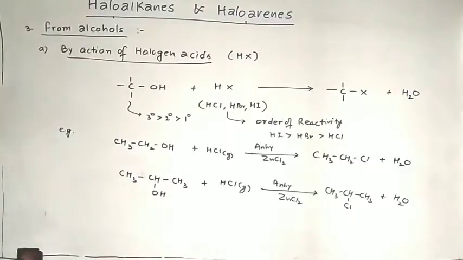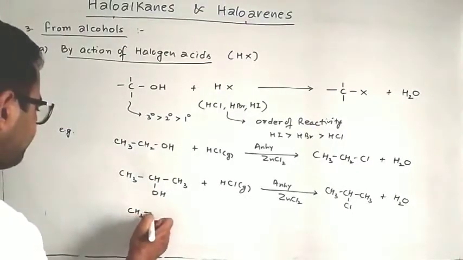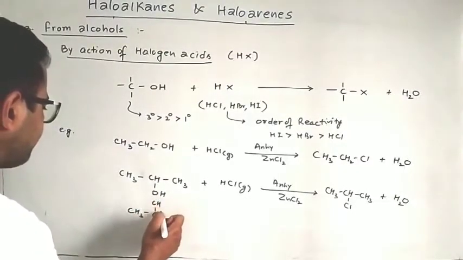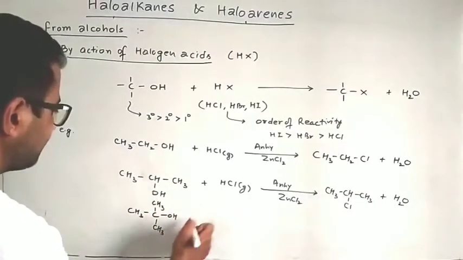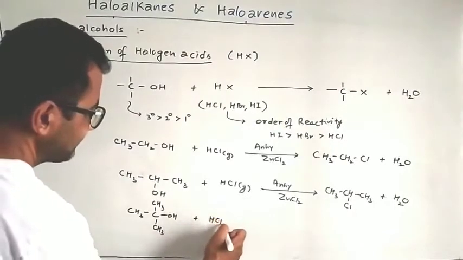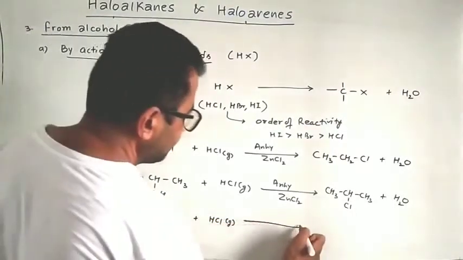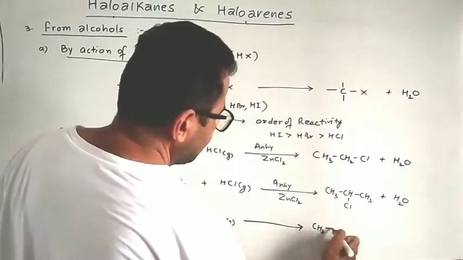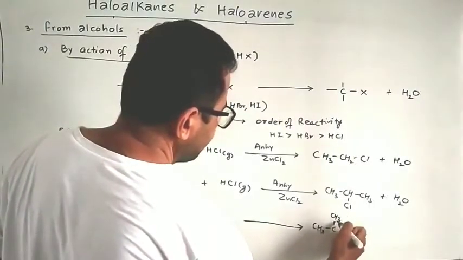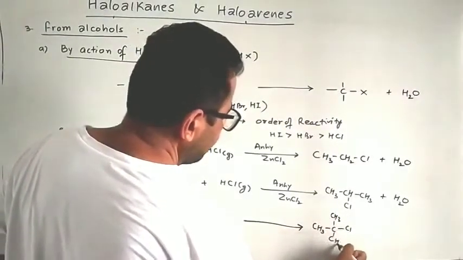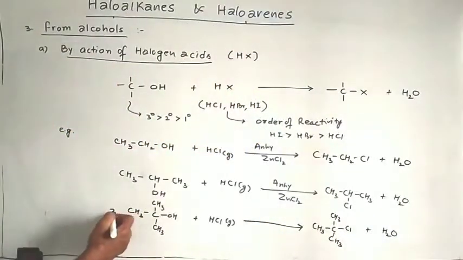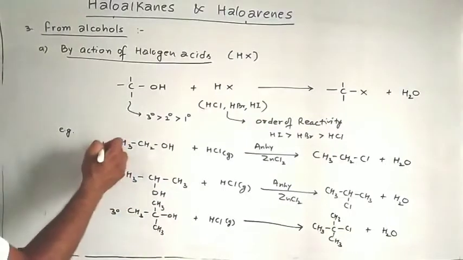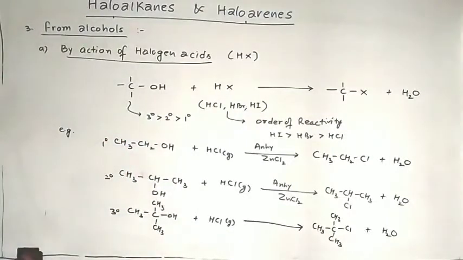So when you take a 3 degree alcohol, say tertiary butyl alcohol, and we are adding HCl, now there is no need of anhydrous zinc chloride because 3 degree is more reactive than 2, is more reactive than 1.